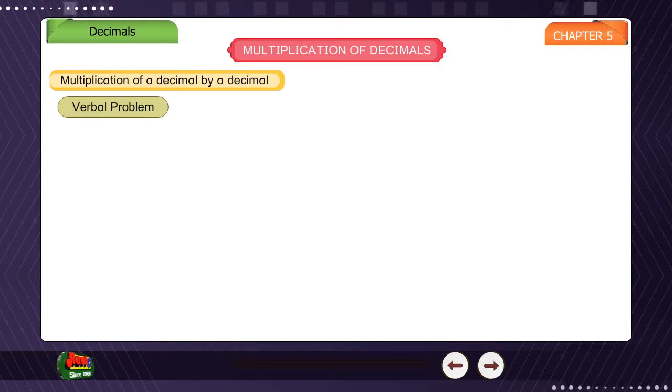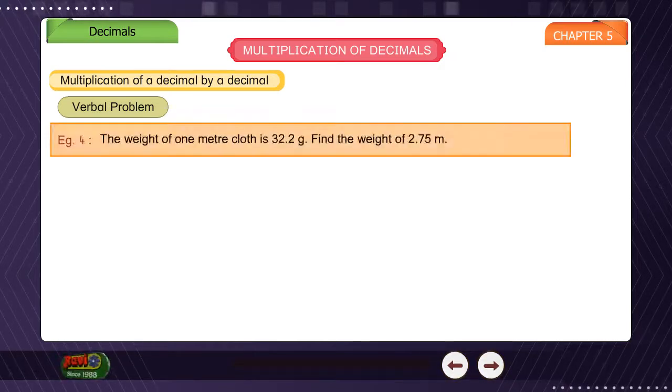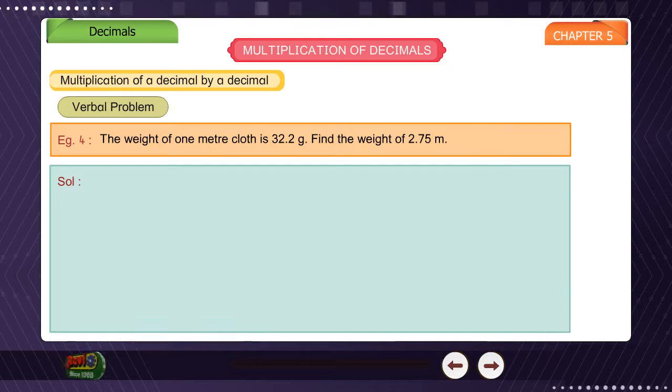Verbal problem. Example 4. The weight of 1 meter cloth is 32.2 grams. Find the weight of 2.75 meters. Solution: weight of 1 meter of cloth is equal to 32.2 grams.